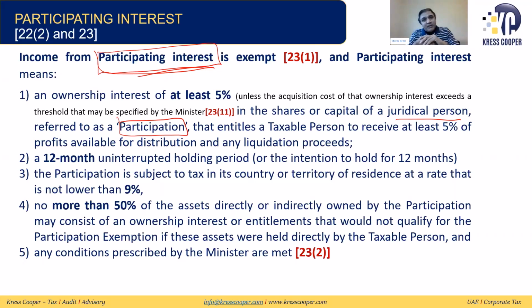Then it will be assumed that this is a participation interest, and any income from the participation interest will be considered exempt income. So I think everybody is clear. We'll discuss the participation interest again in detail.